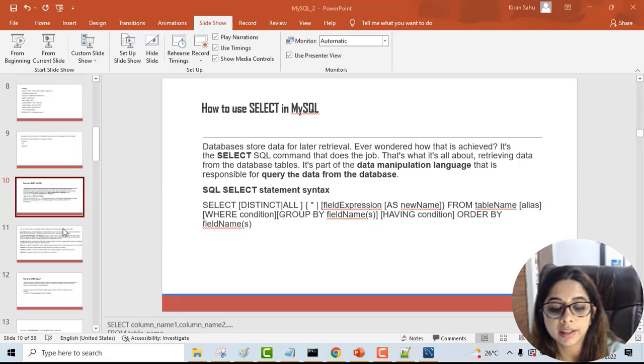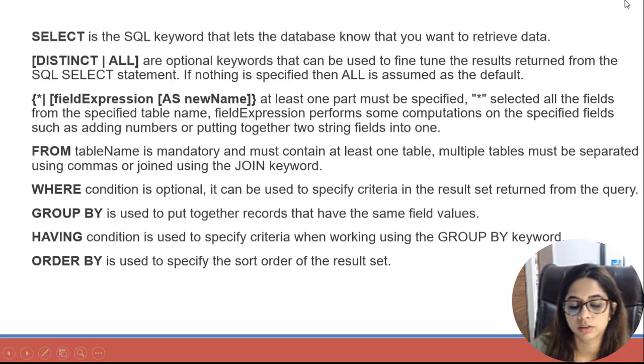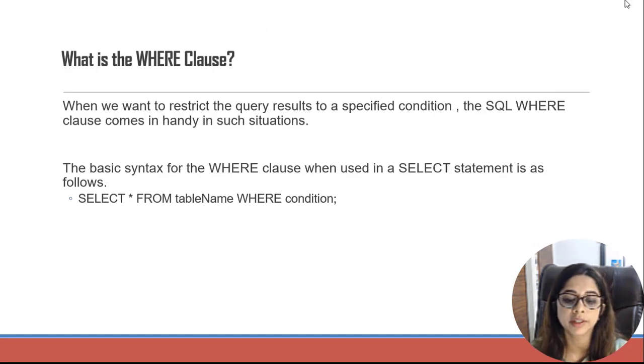And then moving forward, there are examples of select query. All these things have been mentioned, what we were explaining in the previous slide about the select query syntax. And what is the where clause? Of course, we have to restrict the number of data sets which we are seeing. So for that, we apply conditions using the where clause.